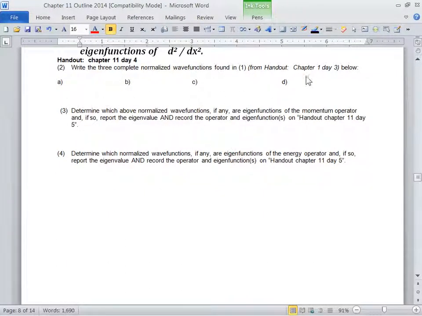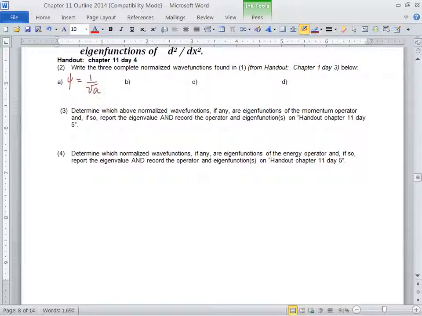So you wrote your functions, right? What are they? Write in A. Psi was 1 over the square root of a.